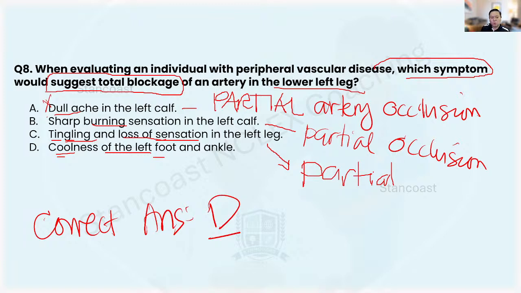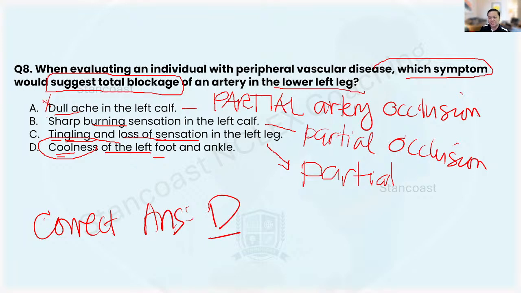And so coolness is really going to signify a pronounced impairment. There is now a complete obstruction. There is now a lack of oxygen or blood flow to that distal extremity. Okay, so that's going to be your clue here. Coolness, whereas the rest of them still has that sensation.